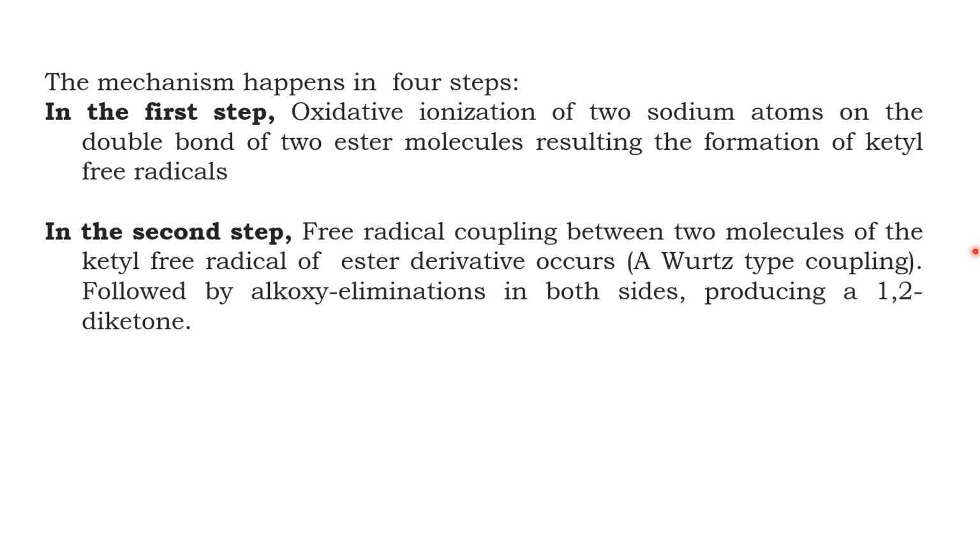If it is within the ring, they combine to form the ring structure, and they eliminate the alkoxy group. The ester has an OMe group, so that will be eliminated in the second step.